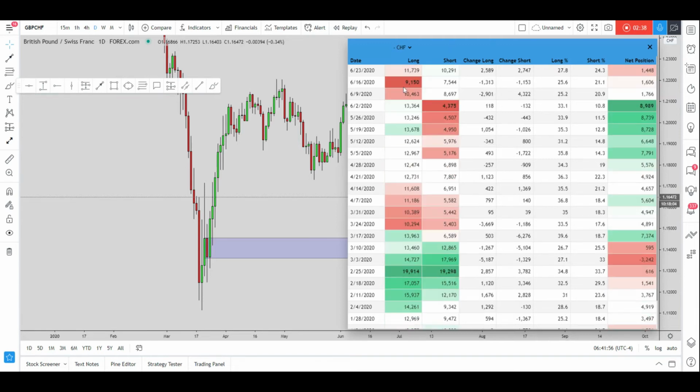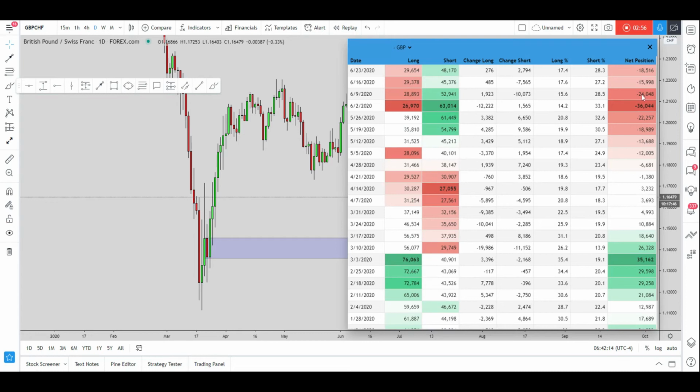If we're going to see what we have from a CHF perspective, we can see that currently we're sitting at 1K net positions. So what we are seeing in the long term is a shift towards having a weak CHF. And in the short term, what we are seeing here is a decrease or increase, depending how you look at it, is an increase in the net positions.